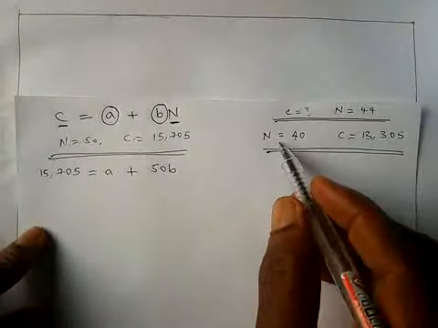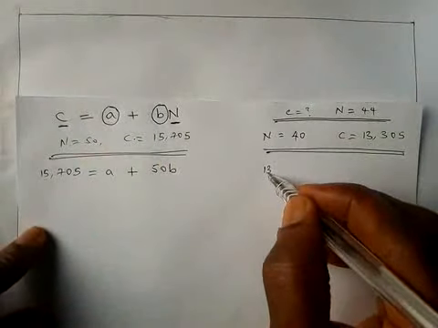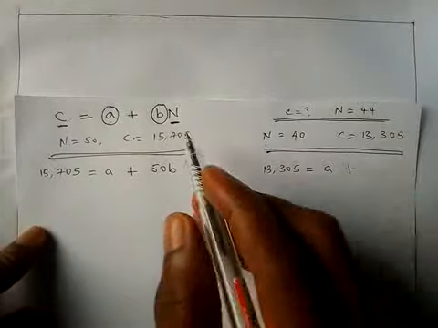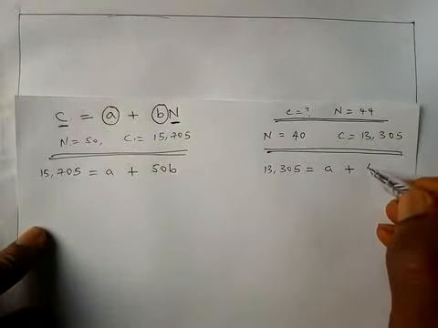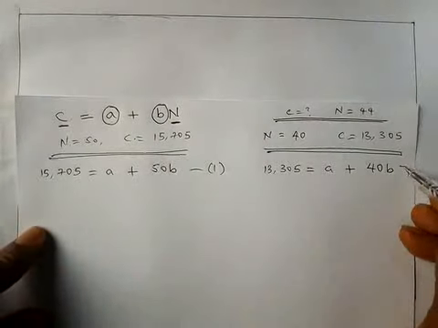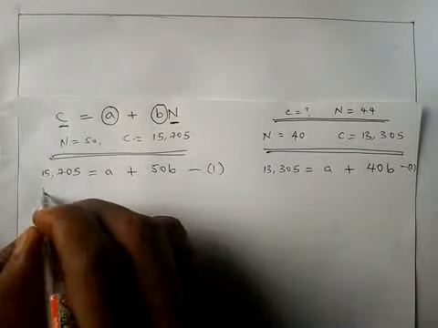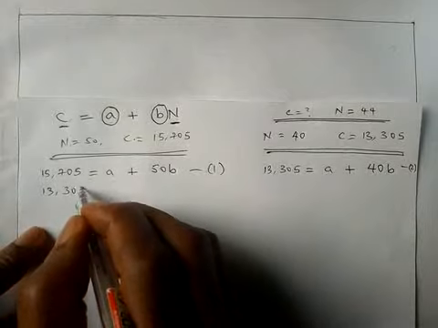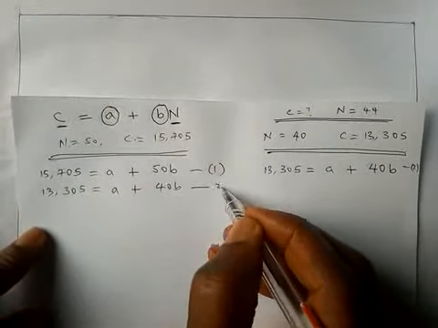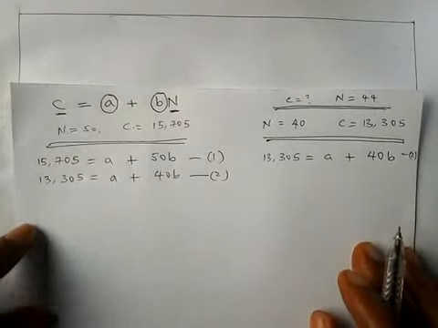And C in this case is 13,305, equal to A plus 40B, since N is 40. If I call this equation 1 and this equation 2, I want to solve simultaneously.